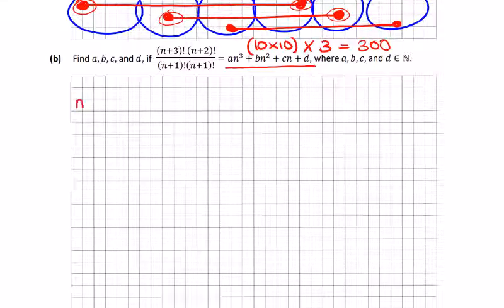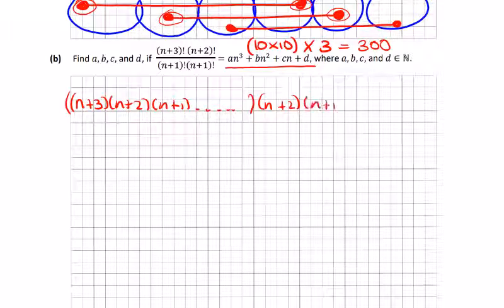So (n plus 3) factorial is n plus 3 by n plus 2 by n plus 1 all the way back, keeps on going. And we're multiplying that by n plus 2 by n plus 1, and that's going to keep going.